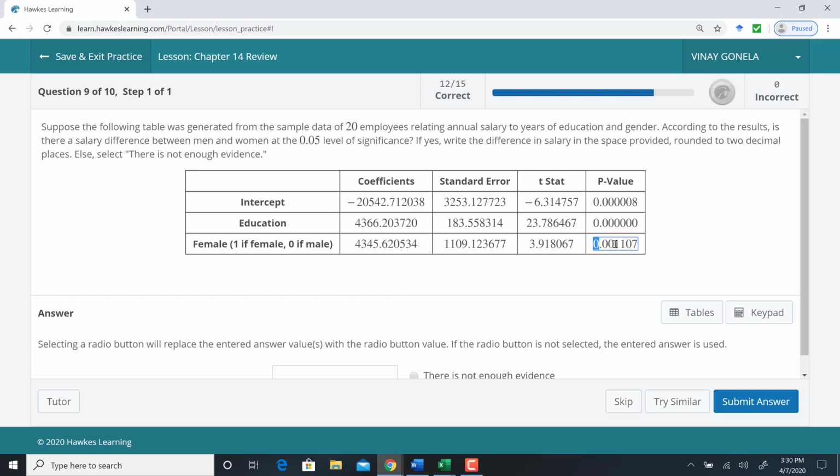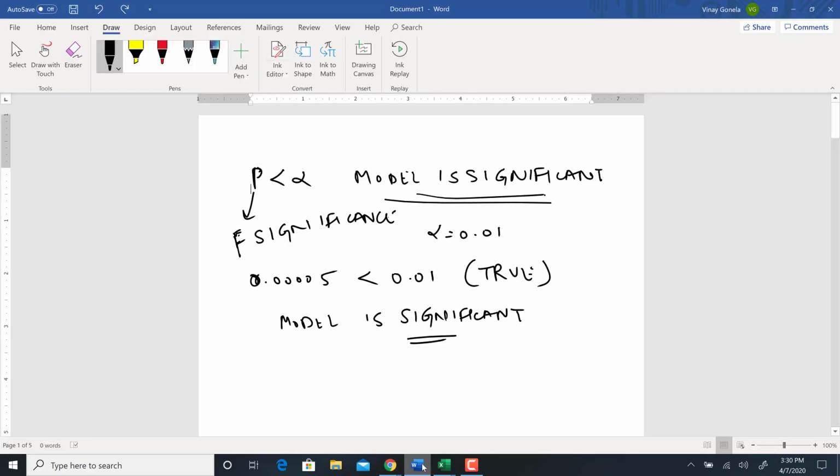So we are looking at the p-value. Our p-value is 0.001107. So let me write the p-value for factor 2, that is male female, so that is gender. The p-value should be less than alpha, then the factor is significant.